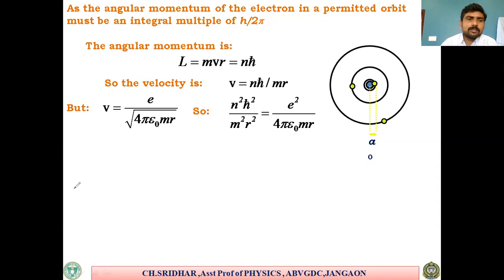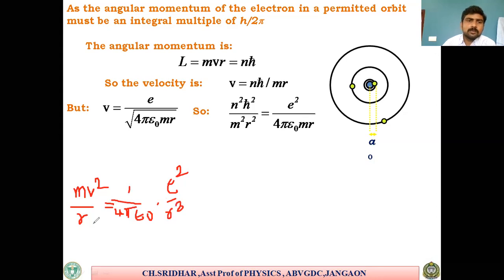We have mv square by r, that is the centripetal force, equal to the electrostatic force of attraction, that is 1 by 4 pi epsilon naught into e square by r square.